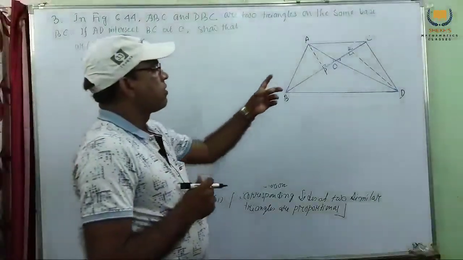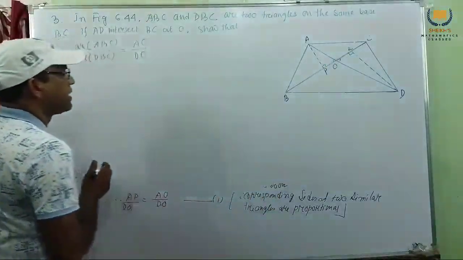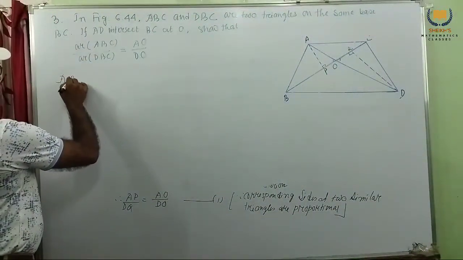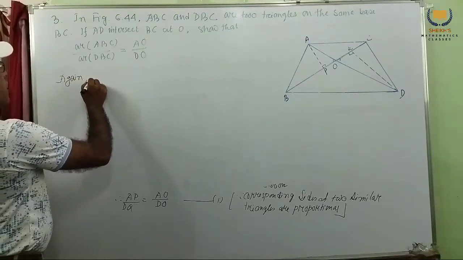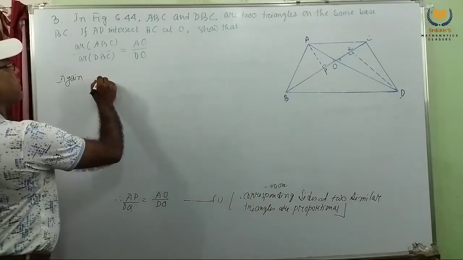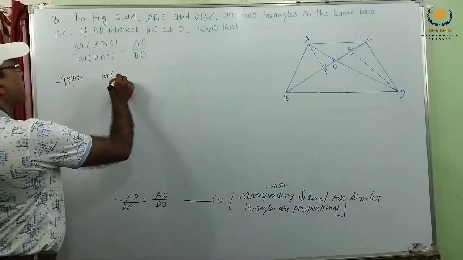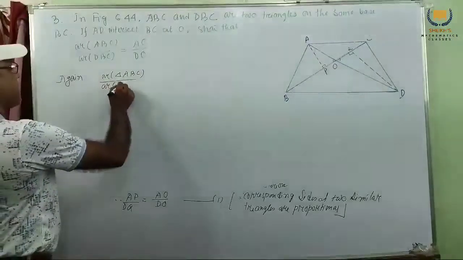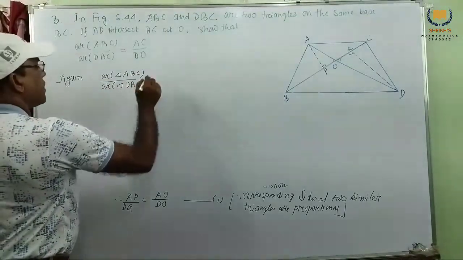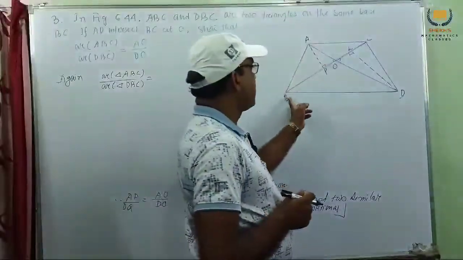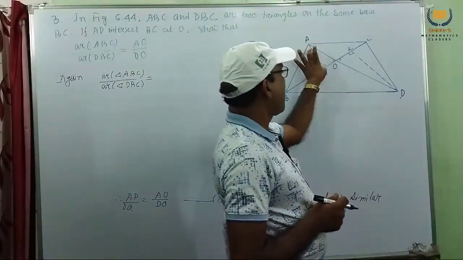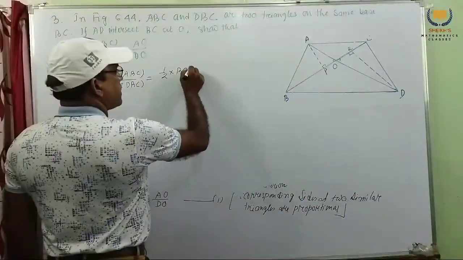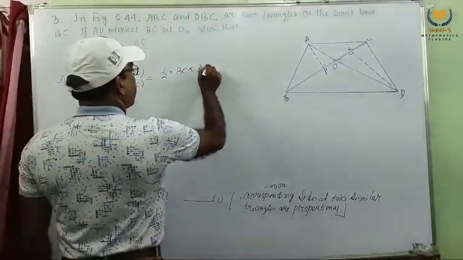Again, area of these two triangles: area of triangle ABC by area of triangle DBC. First we consider ABC. We know half into base into height, half into BC into AP.